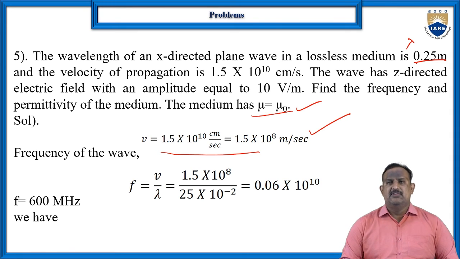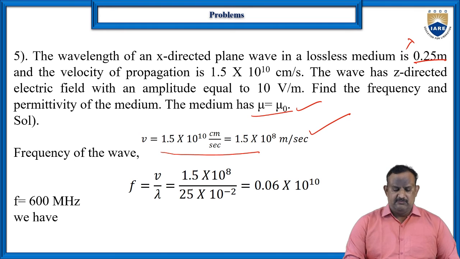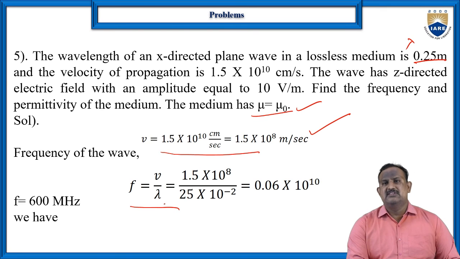Then we need to find out the frequency of the given wave. The frequency f is equal to v by lambda, where lambda is nothing but the wavelength, which is given as 0.25 meters.